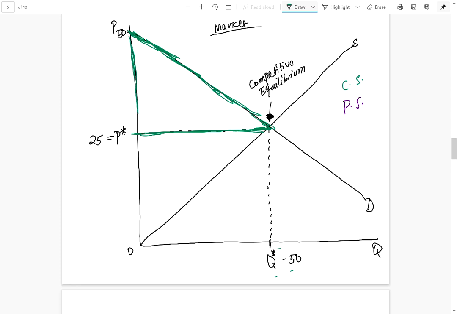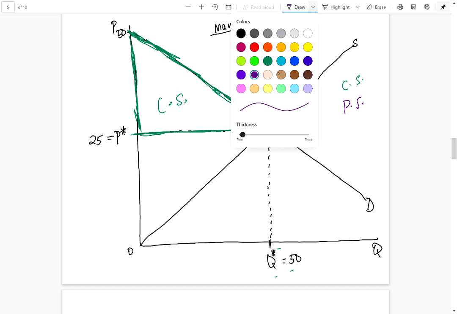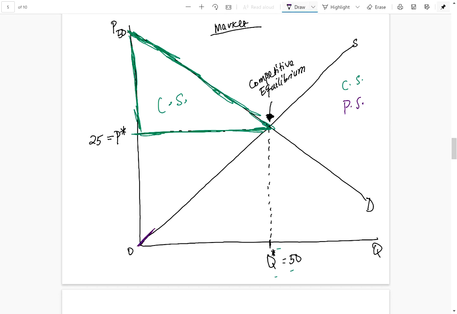So we have this upper triangle here as our consumer surplus, and producer surplus, on the other hand, is the difference between the minimum amount that the producers must receive in order to produce in this market versus what they actually get. So this is the minimum amount they'll be willing to accept versus what they actually get in the market. So this lower triangle here is the producer surplus.